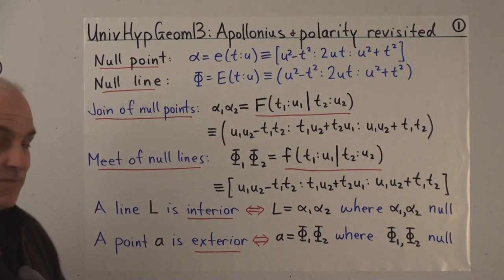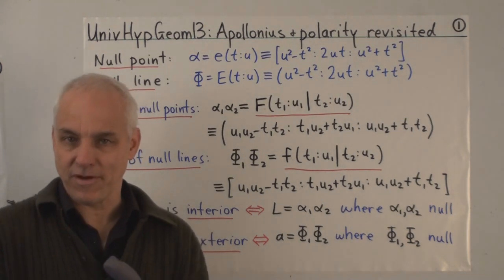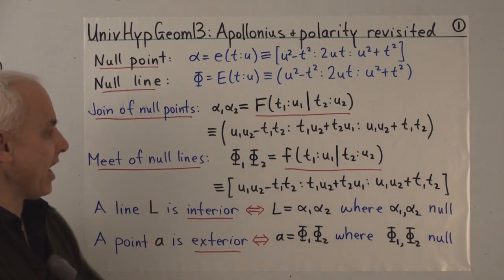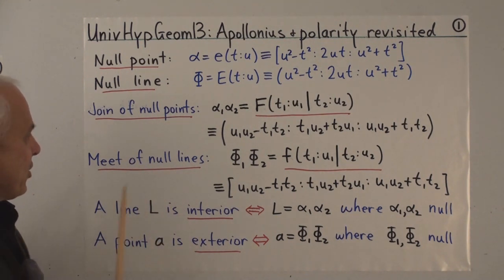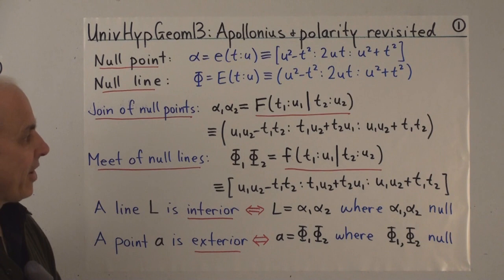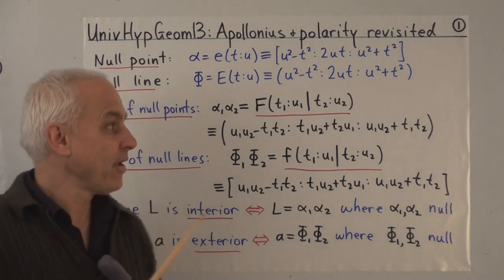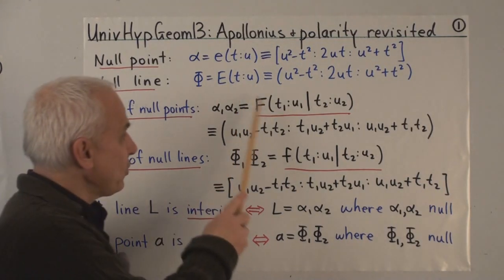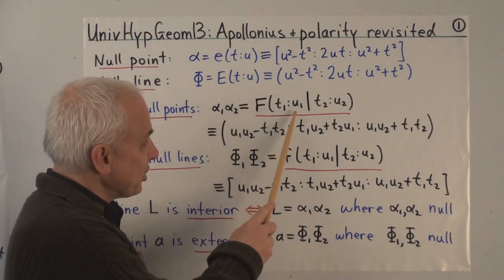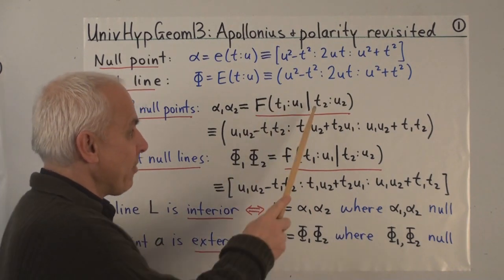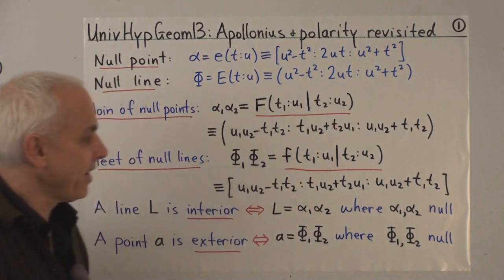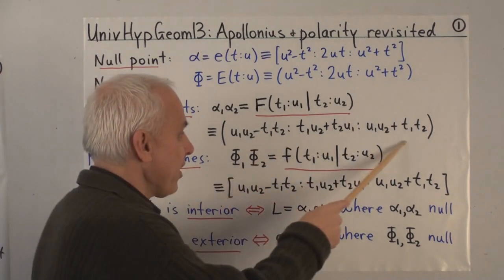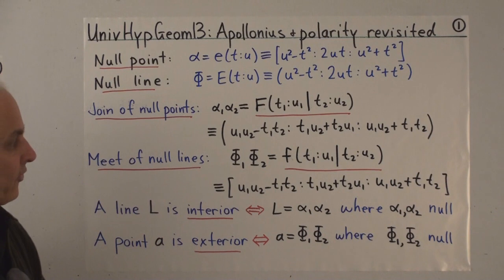And then in our last video we established two important theorems: the join of null points theorem and the meet of null lines theorem. The join of null points theorem told us what the equation of a line is through two such null points. So if we have two null points given by the proportion t1 to u1 and also by the proportion t2 to u2, then those two null points are joined by a line, and here is the formula for that line connecting those two null points.